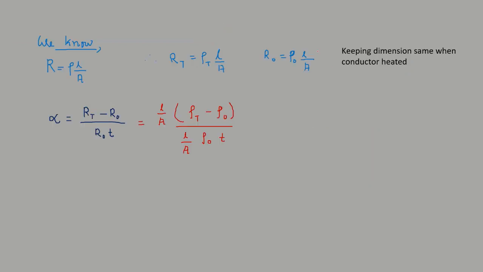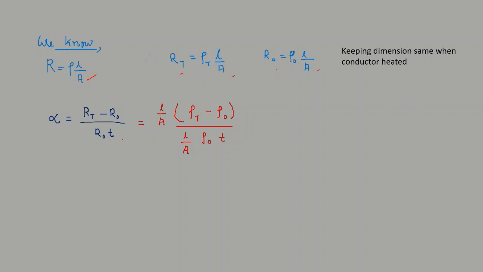Now, you all know that R equals rho into L by A. This is a very common equation. And thus, RT, the resistance at any temperature, can be written as this, and R0, the resistance at the temperature T0, will be written as this. We also know that the equation of alpha can be written as alpha equals RT minus R0, this one.